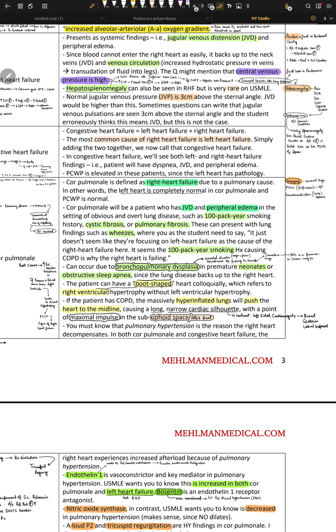Now in congestive heart failure, we'll see both left and right heart failure findings. The patient has dyspnea, JVD, and peripheral edema, right? PCWP is elevated in these patients since left heart is the pathology.